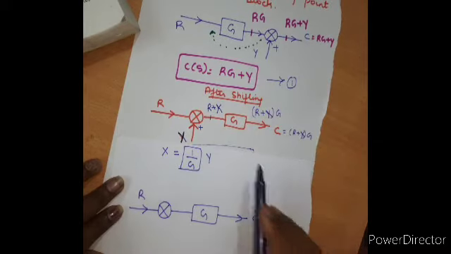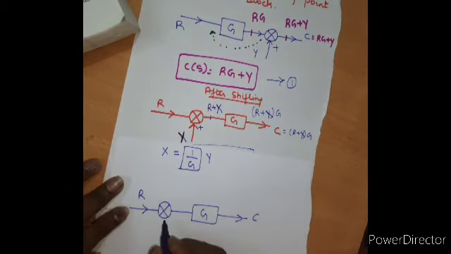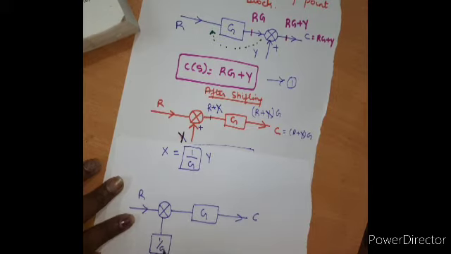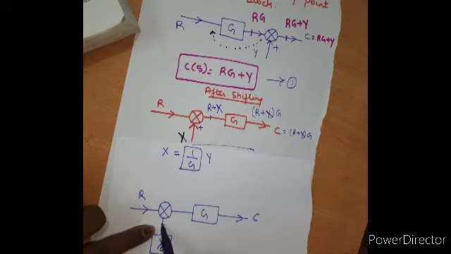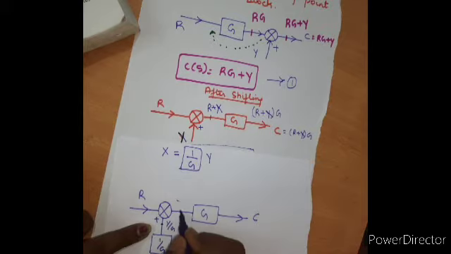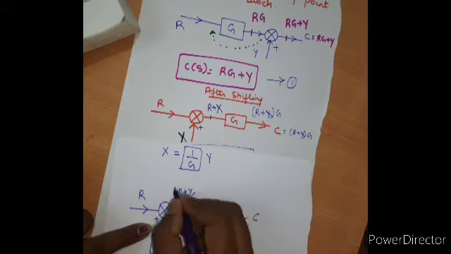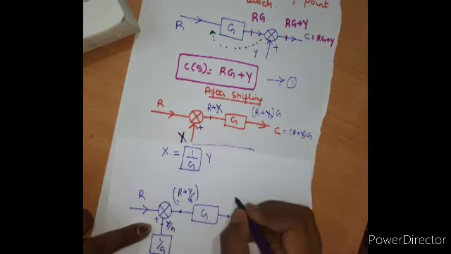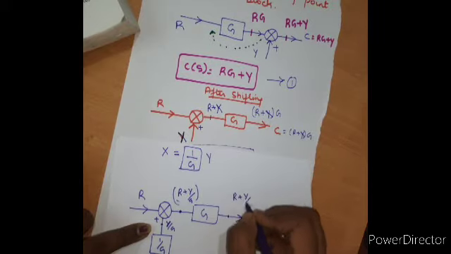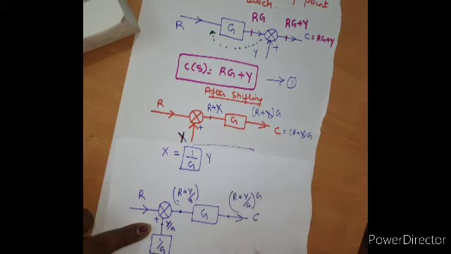C of S is equal to RG plus Y, which I want. So Y goes into the block 1 by G, and at this point the output is Y by G. Then at the summer I get R plus Y by G. At the next point, the output is R plus Y by G into G.